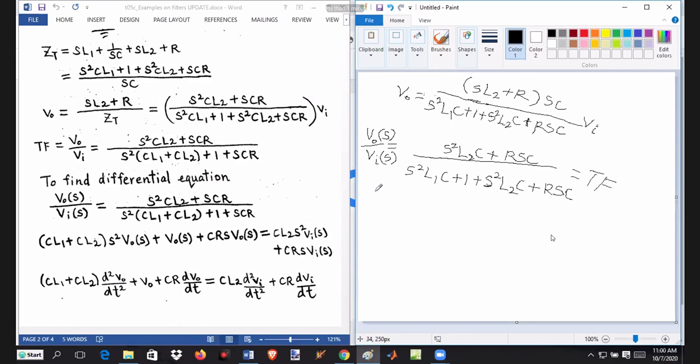The S square thing you put last. The VOS you have to put last. So I start with the constant term first, L1C. Then you have this S square. If you follow in order, everything will come out very easily. V naught S. Cross multiply now plus V naught S, isn't it?